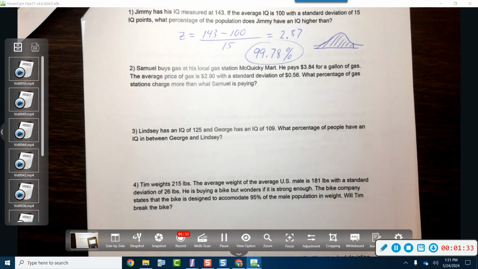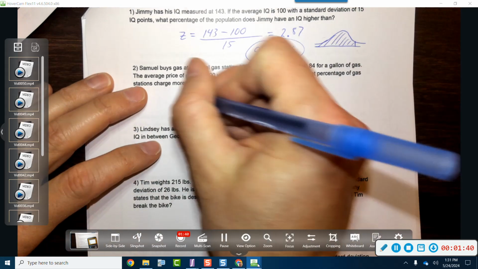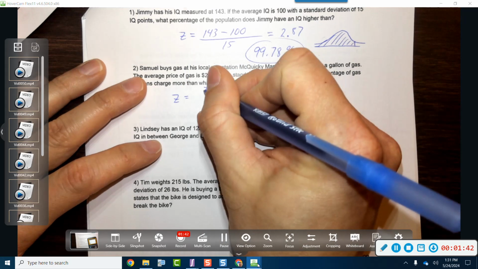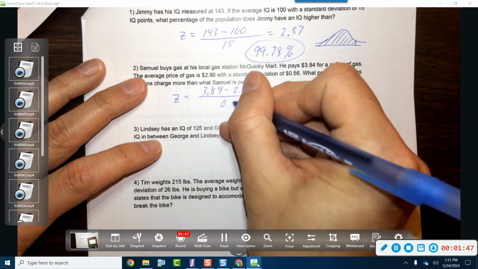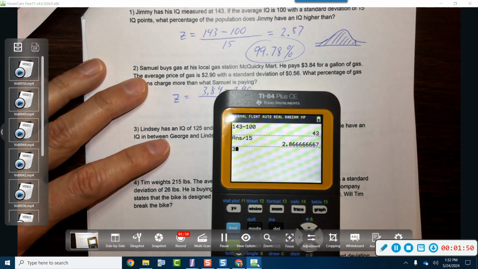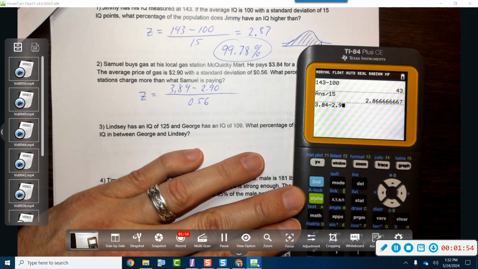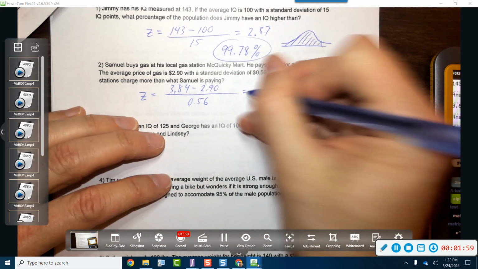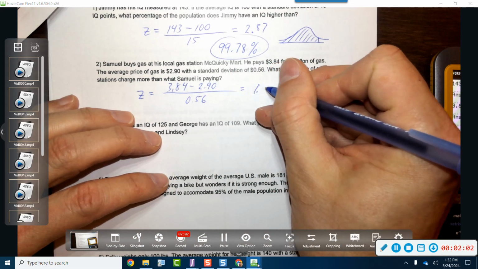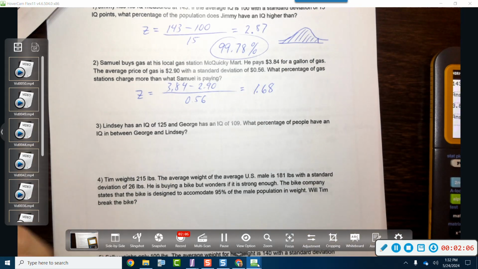Samuel buys gas at a local gas station, McQuickie Mart. He pays $3.84 for a gallon. The average price is $2.90, with a standard deviation of 0.56. Okay, so let's get that z-score. 3.84 minus 2.90, divided by 0.56, gives a z-score of 1.68.